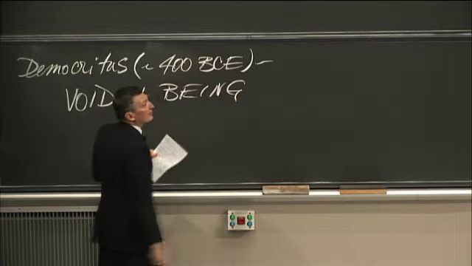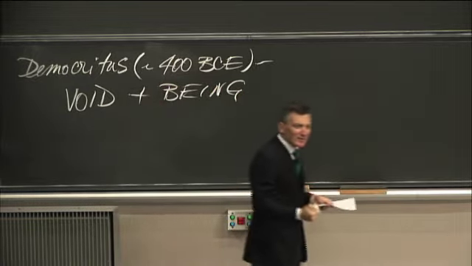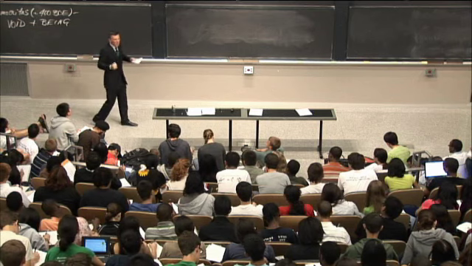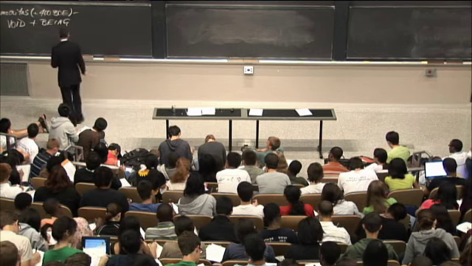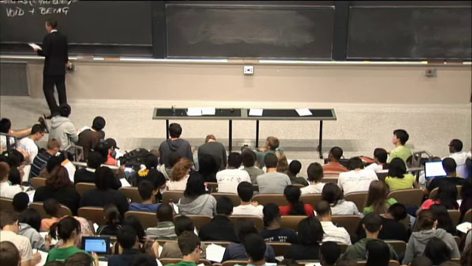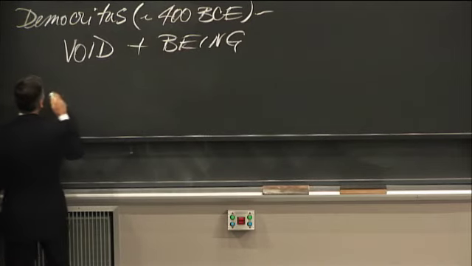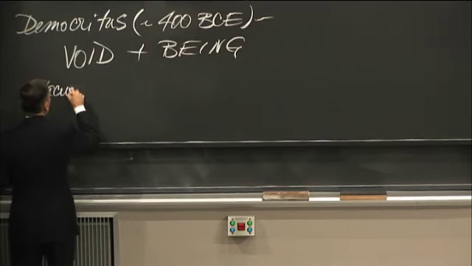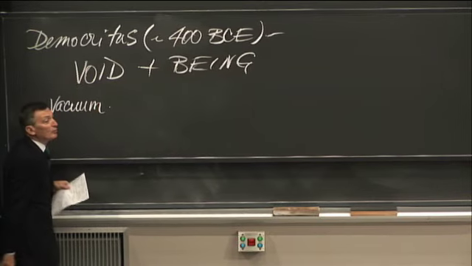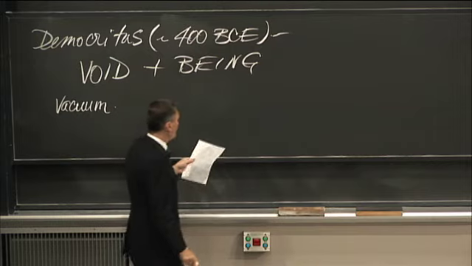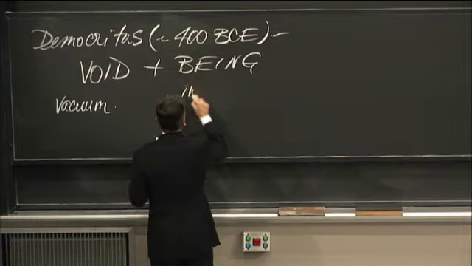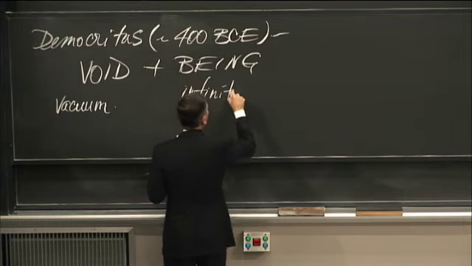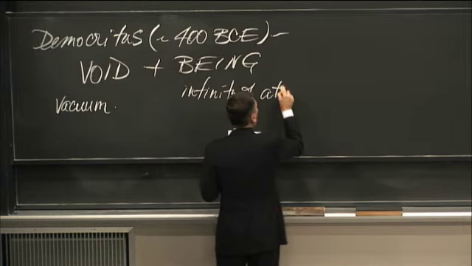Void plus being. These lofty words. Listen to this: void, being, not some little equation. It's big ideas. And how did he describe void? Void is something that we would recognize as akin to what we call vacuum. And being, he said, was comprised of an infinity of atoms.